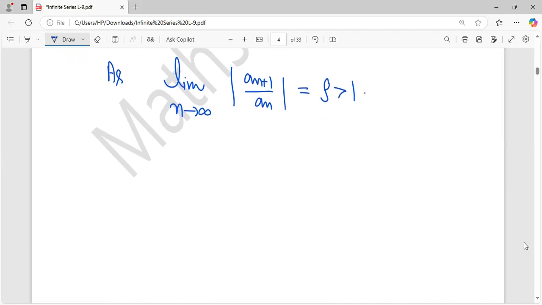Now choose r greater than 0 such that rho minus r is equal to epsilon, which is greater than 0.